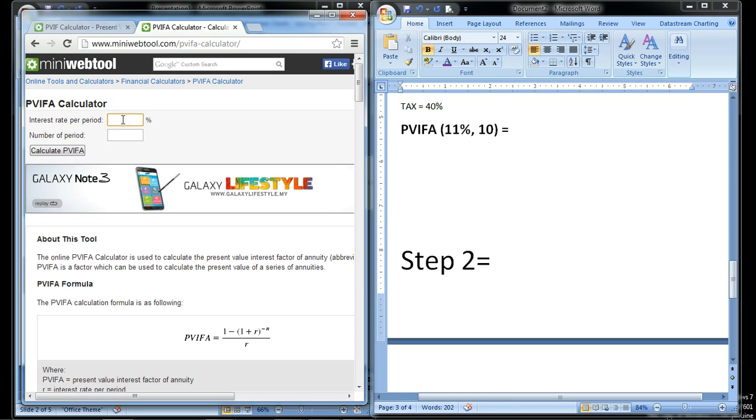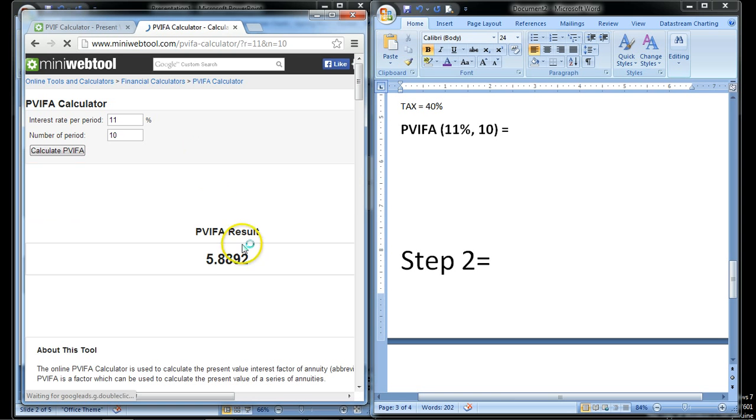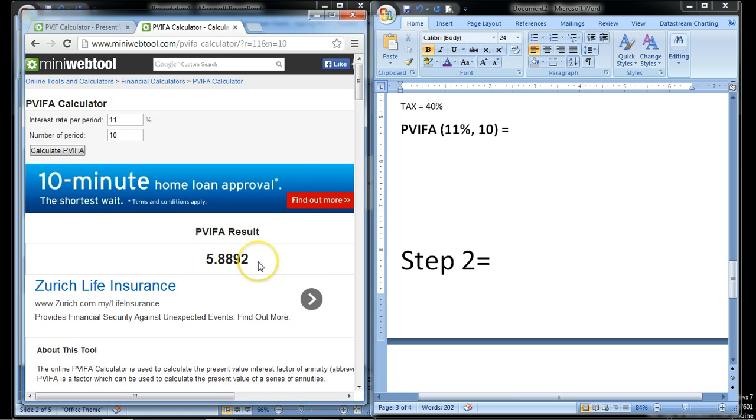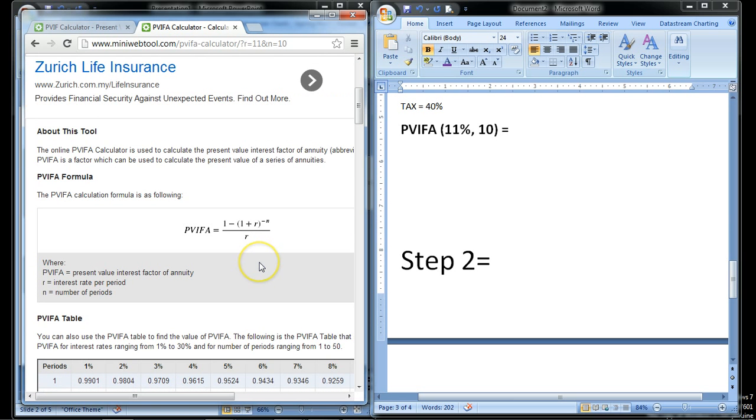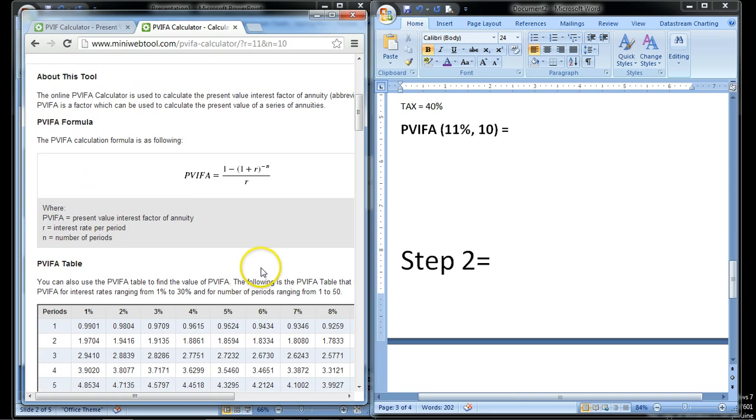I will teach you later how to use the calculator, but for now I use this calculator. It is 11%, number of periods is 10, and you calculate your PVIFA, then you will get the same answer, 5.8892, correct? See the result? Good. But in your final exam, you need to use the formula.